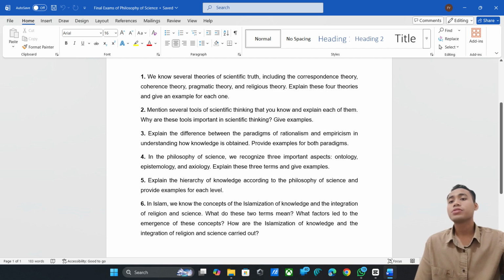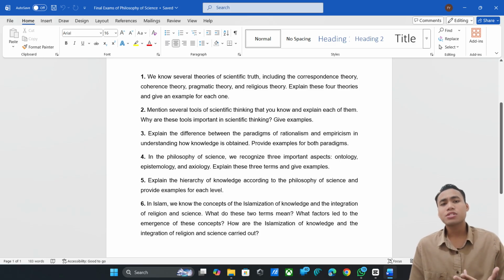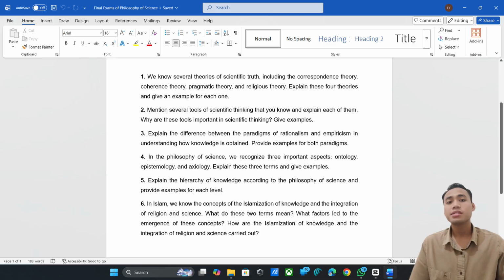In the philosophy of science, we recognize three important aspects: ontology, epistemology, and axiology. Explain these three terms and give examples. Okay. Ontology studies what exists or what is being studied. For example, biology studies living things.